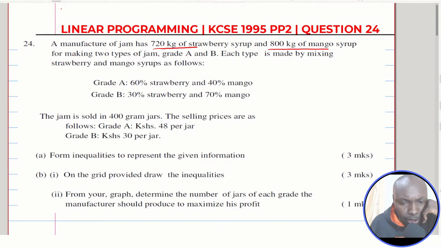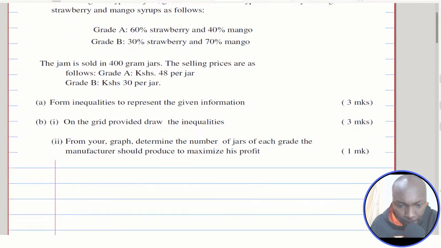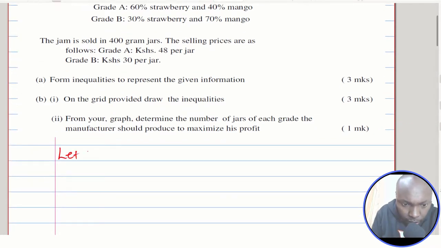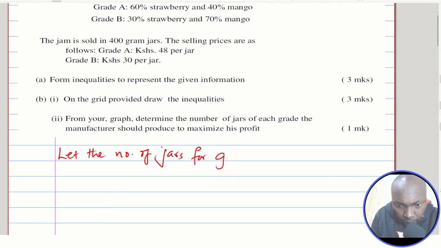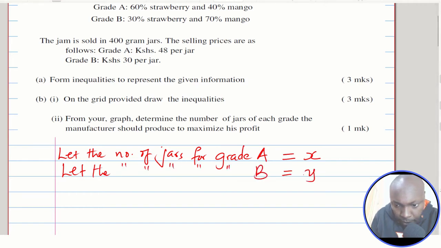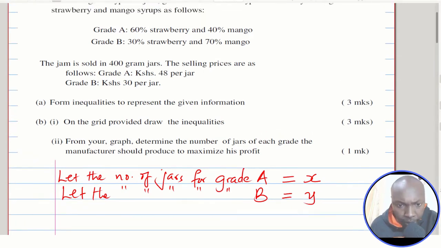Now the first thing, since we're dealing with the number of jars here, is to let the number of jars for grade A be represented by X. And also we can let the number of jars for grade B be represented by letter Y. The other thing that we need to highlight is that the jam is sold in 400 gram jars.